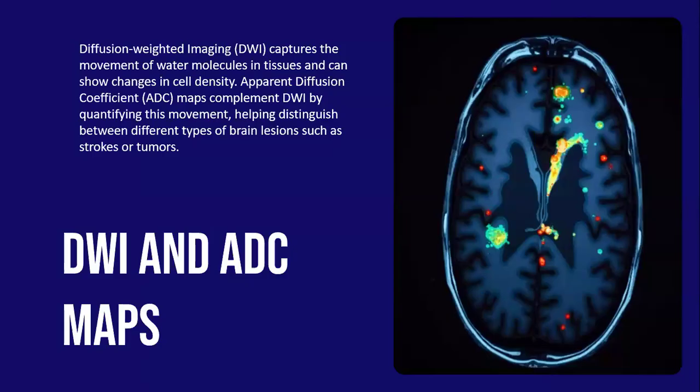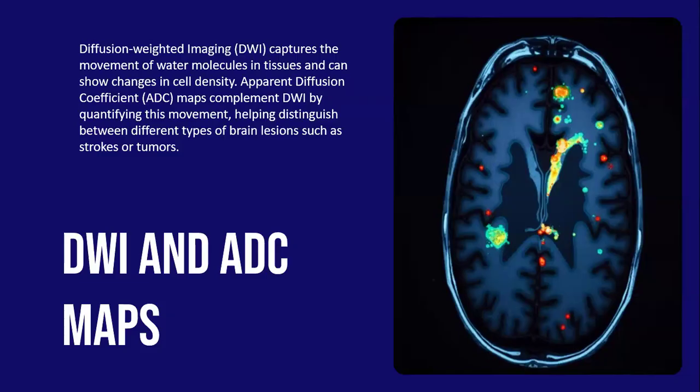Now, there are also two final kinds of imaging with regards to a brain MRI that I want to discuss, what we call the DWI and the ADC. These are good in showing changes in cell density, and they help to differentiate between various lesions such as strokes or tumors. The DWI and ADC maps go quite closely together, and they have much more detail than what I've put up on the slide.